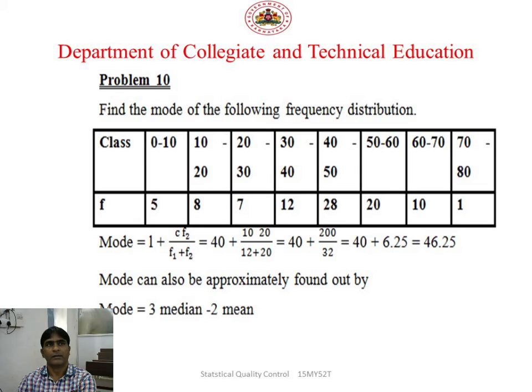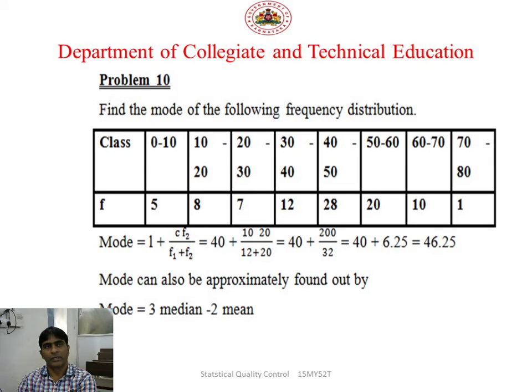So L, the lower limit of the model class, is 40, plus C. What is C? C is the class width, that is 10. F2 is the frequency succeeding the model class. Succeeding means after 28, what you are having is 20. So that is F2.